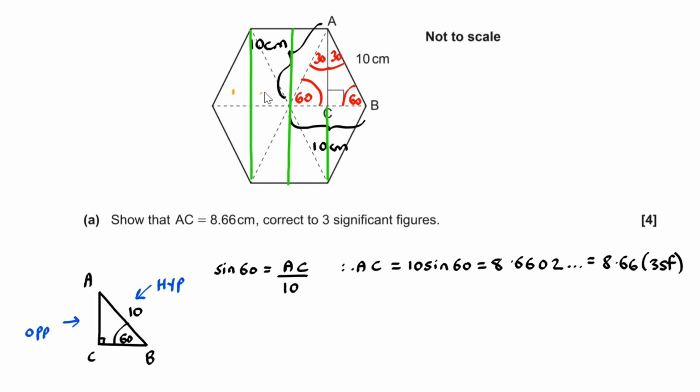We've got 1, 2, 3, 4, 5, 6, 7, 8, 9, 10, 11, 12. We've got 12 of those triangles.